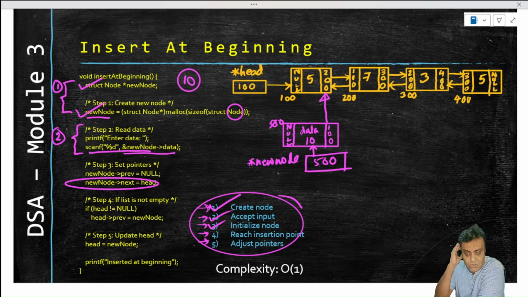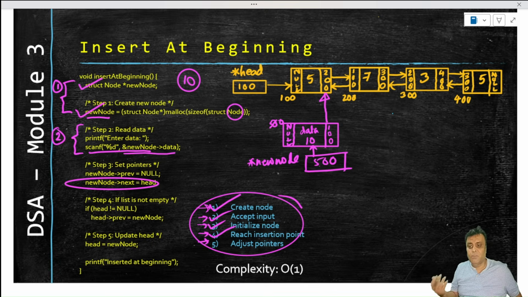Now all I need to do is, see what we have done, we have made this point here, right? Now we will need to traverse to the location that is supposed to be inserted, which is reach the insertion point. In our case, reaching the insertion point is already done because we are doing it at the beginning. So there is no point in reaching the insertion point.